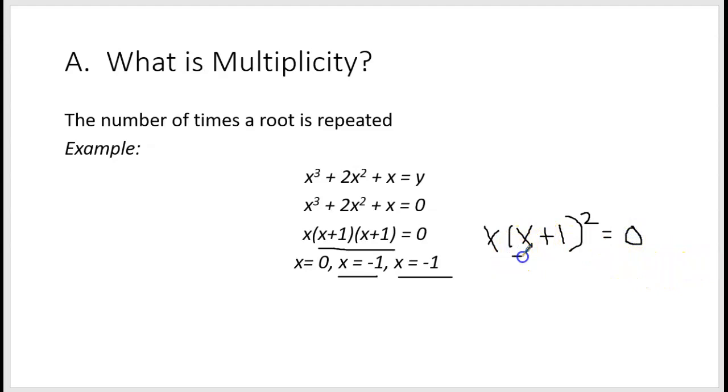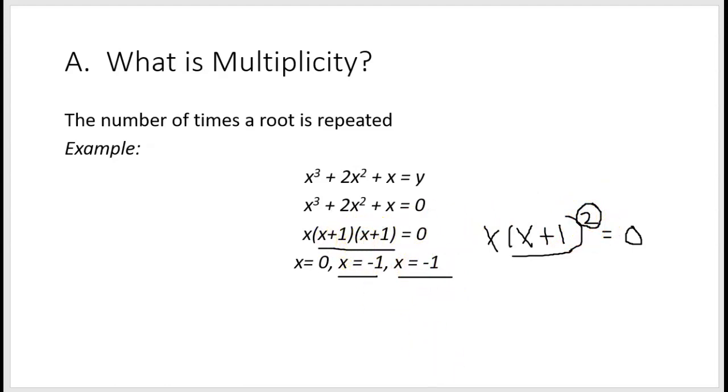So if you ever have a factor with a power, that power basically is going to tell you the multiplicity of the root. So for the root -1, the multiplicity is 2 because there were 2 of those factors there.